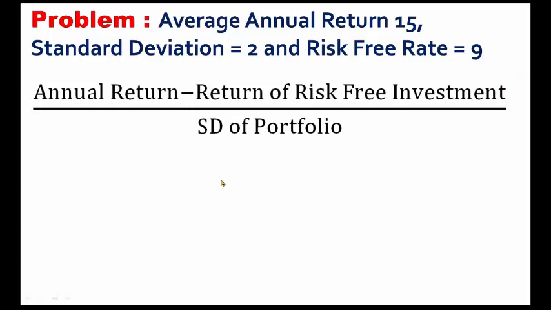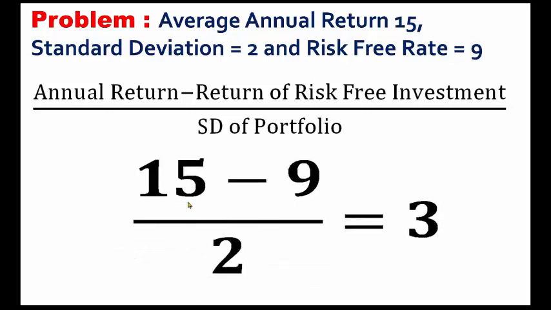Okay, now we solve this problem. Annual return 15 minus return of risk-free investment 9 divided by standard deviation of portfolio 2. What is the answer? 3. This is the result of the mutual fund as per the Sharpe ratio.